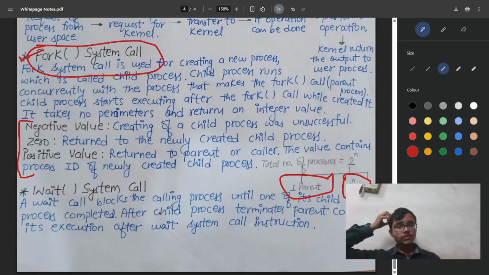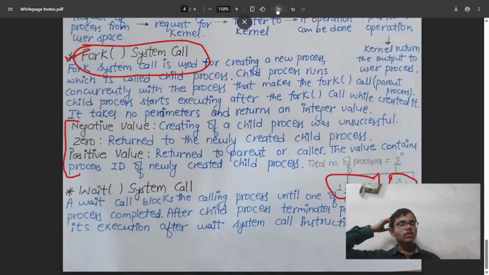Wait system call: from this system call concept also the numerical part comes. Basically the numerical part comes from the fork system call. For the wait system call, no question is directly asked, but you have to know how wait works in order to solve the question.